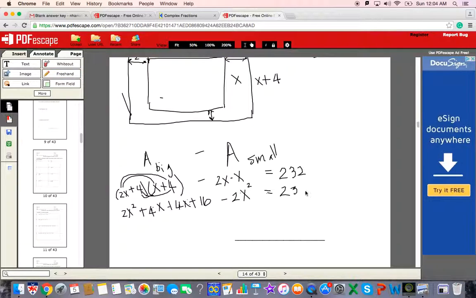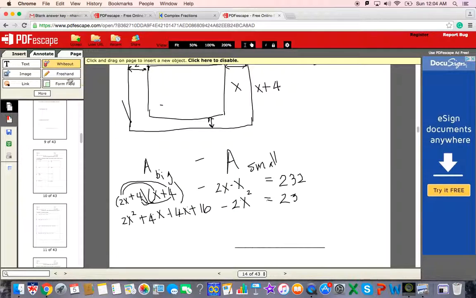Now, oh, my 2 disappeared. Let's get that back here. There we go. Fortunately, we have 2x squared here, minus 2x squared. They are like terms, which means they cancel each other out. And now it turns into a linear equation.